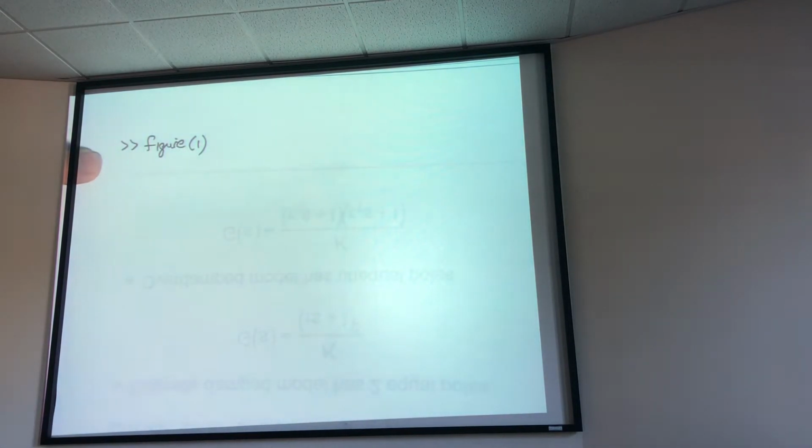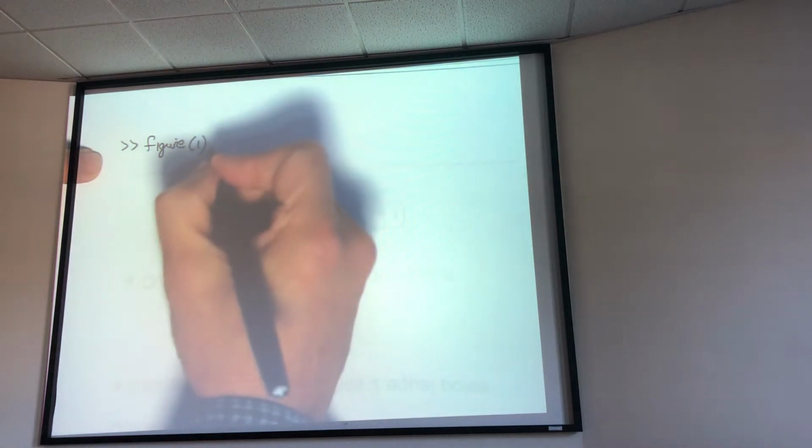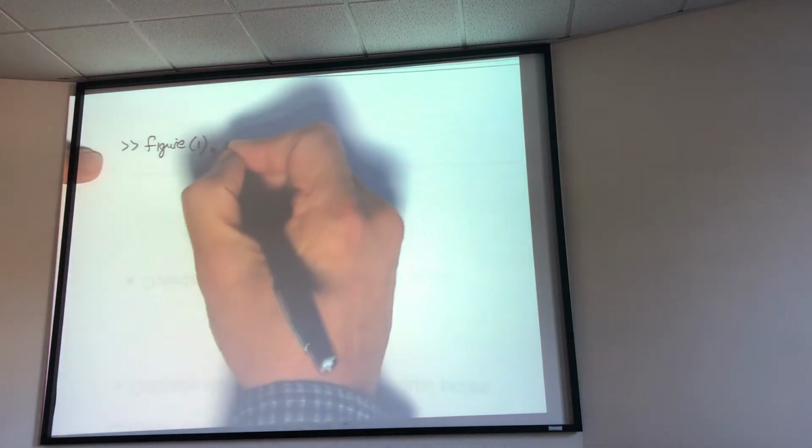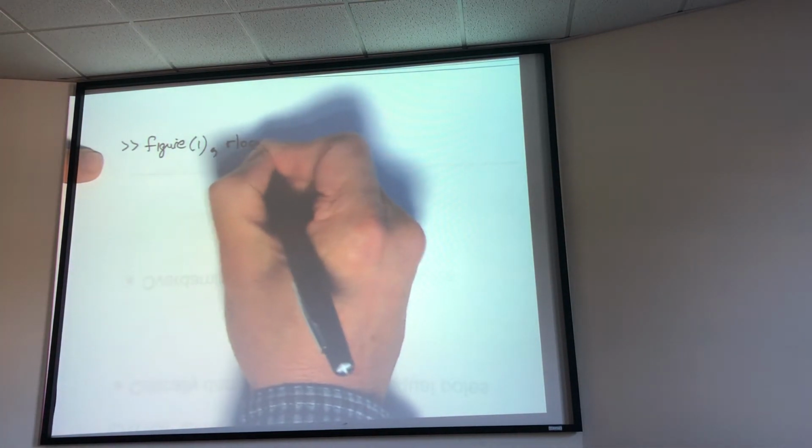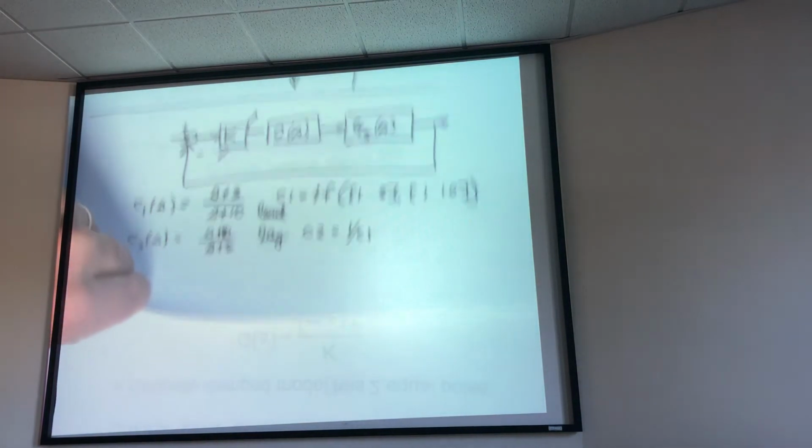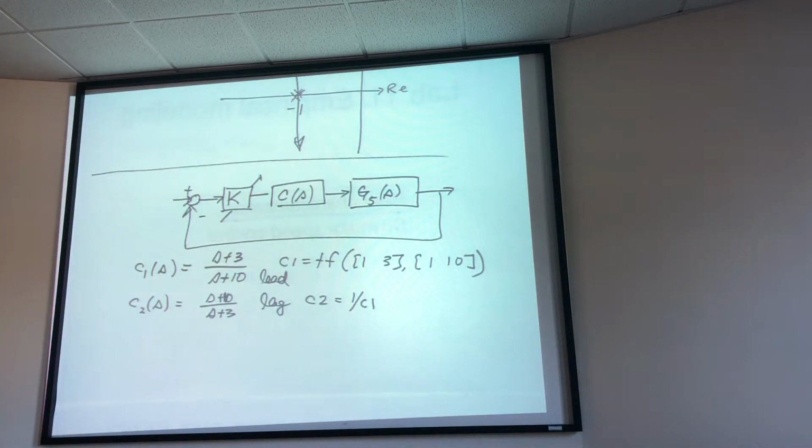Let's plot in figure 1. Let's do the root locus. I want to do the root locus for this control system. So if I want to do the root locus for this control system, what is the model that needs to be entered in? Do I calculate the closed-loop transfer function?